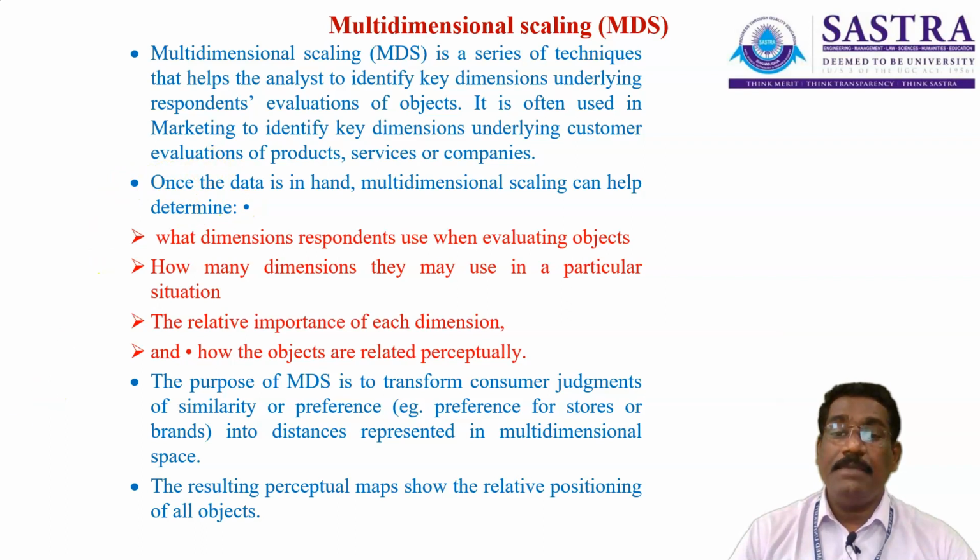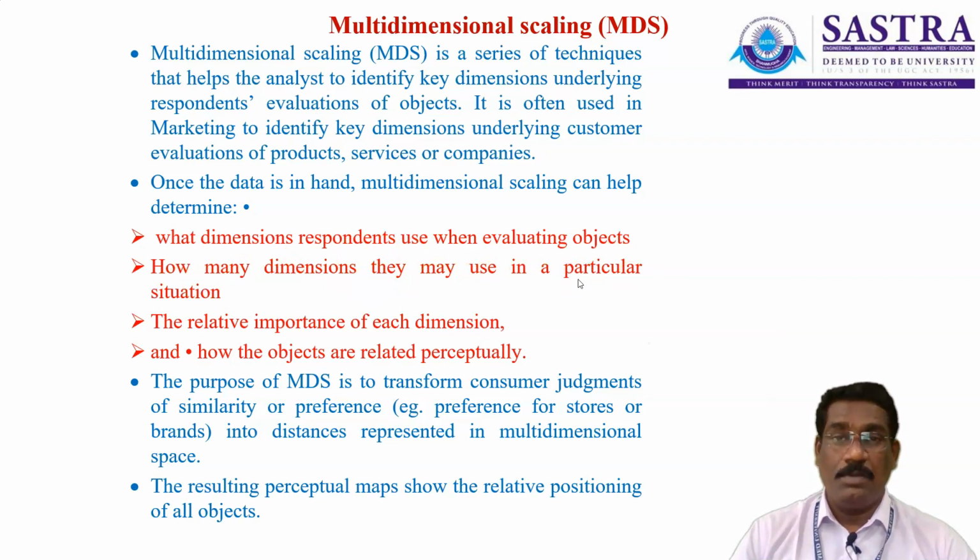The first one is what dimensions. You can see here I have marked in red. What dimensions does the respondent, the consumer, use when evaluating the purchase of a product, object, or service? How many dimensions may they use in a particular situation?